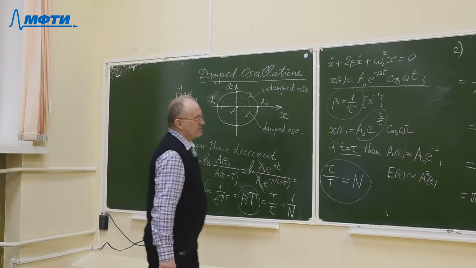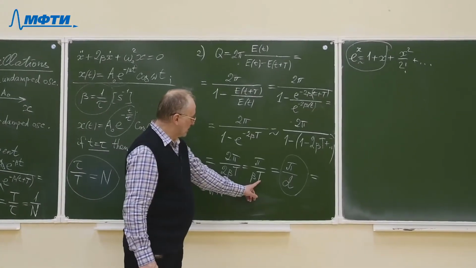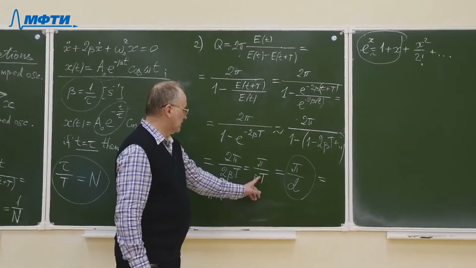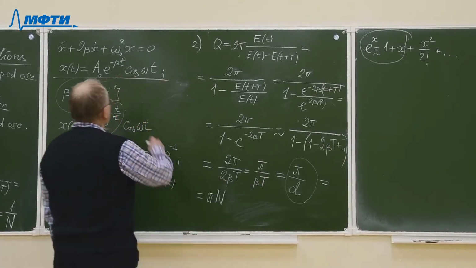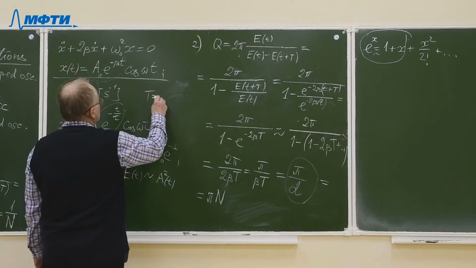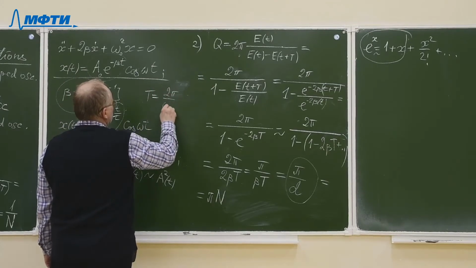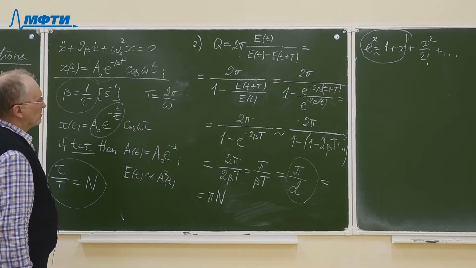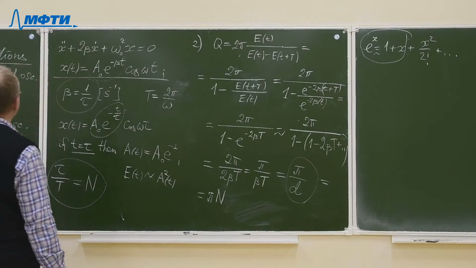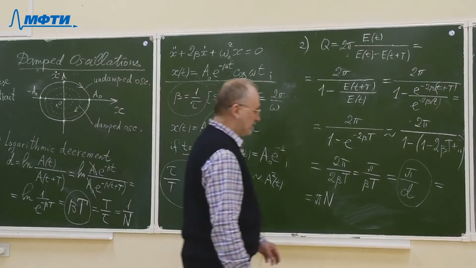Looking at this formula, I would like to remind you what this period is, the period of oscillations. The period of oscillations is related to the frequency of oscillations by the formula 2 pi divided by frequency. And if the damping coefficient is very small, where is that formula? I have already wiped it out.